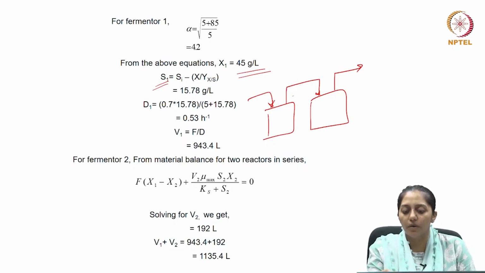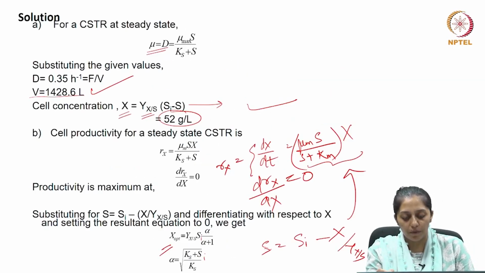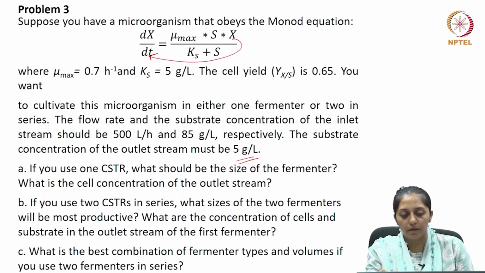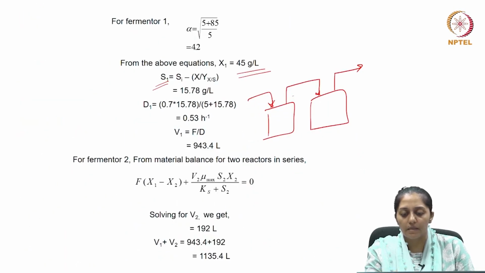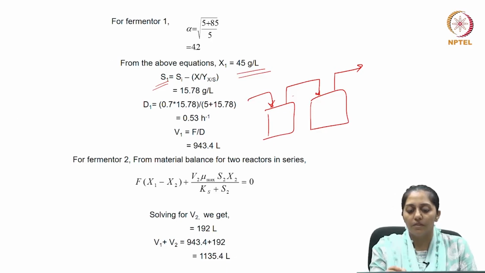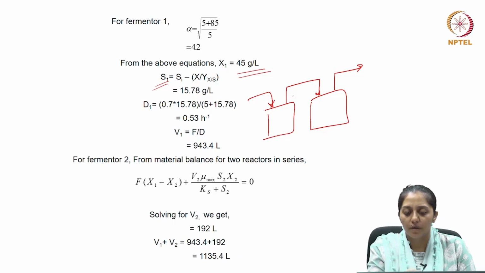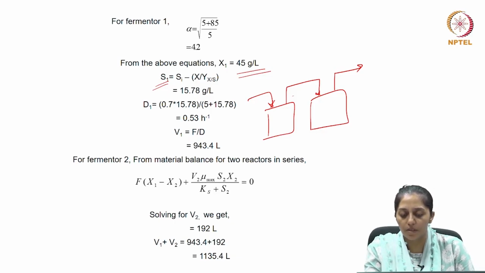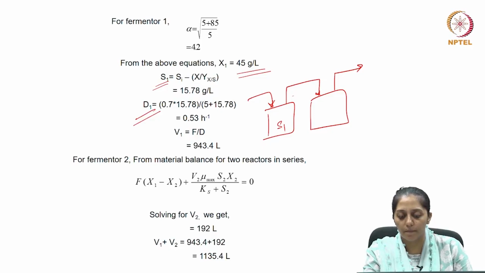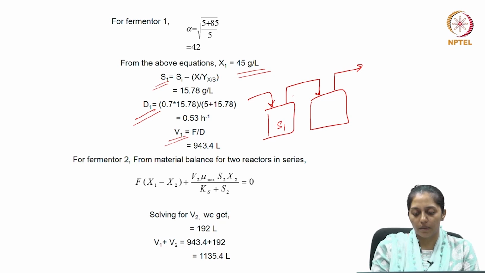So, now we can find out the biomass from the first reactor and the substrate which is coming out from the first reactor. Once we know the substrate, we can find out the dilution rate because it is equal to specific growth rate. So, if we know the substrate concentration inside this reactor, we can find out the specific growth rate which will be equal to the dilution rate given as D1. Once we know the dilution rate, we can find the volume of the reactor given the flow rate.